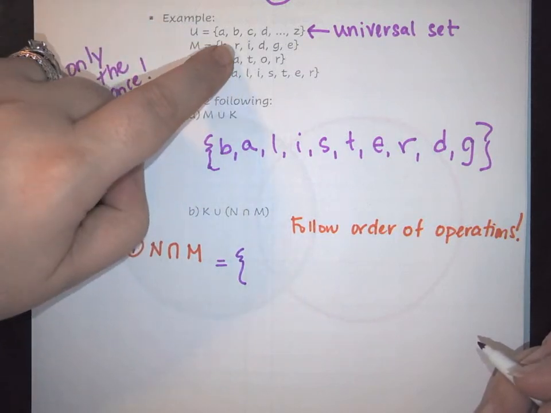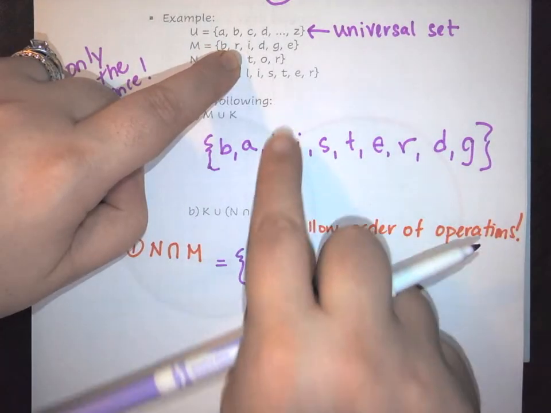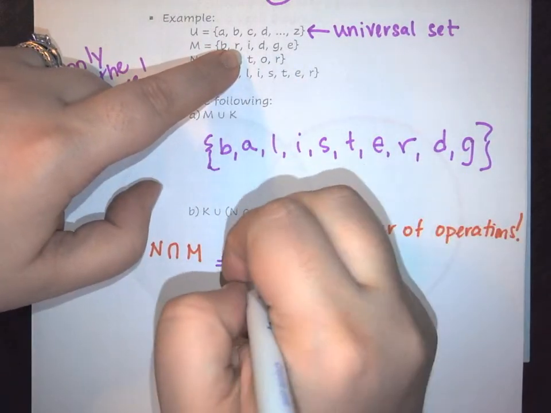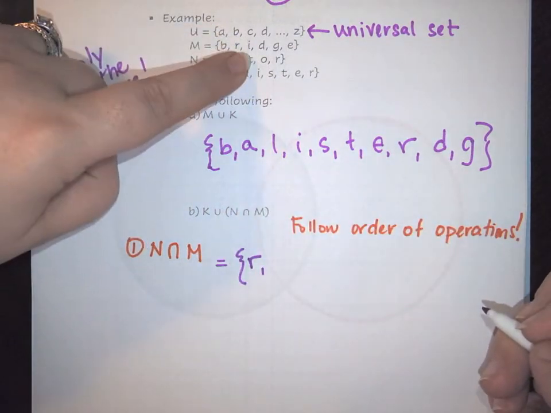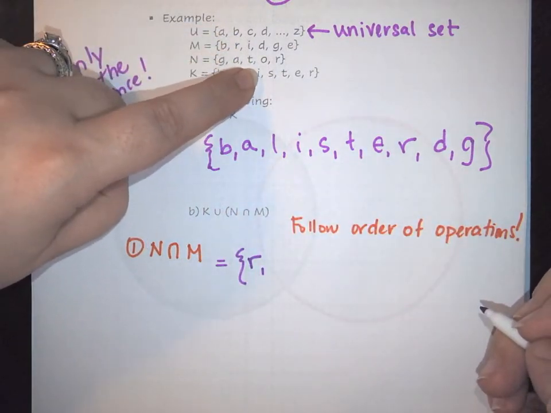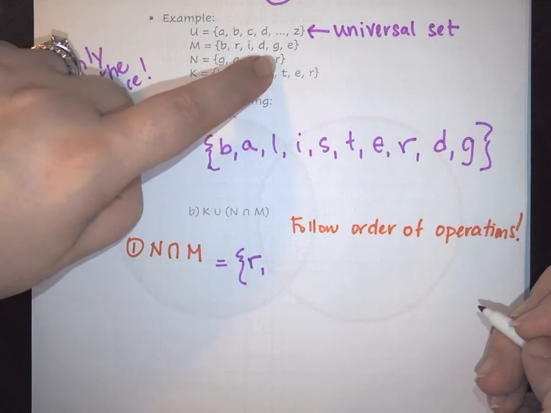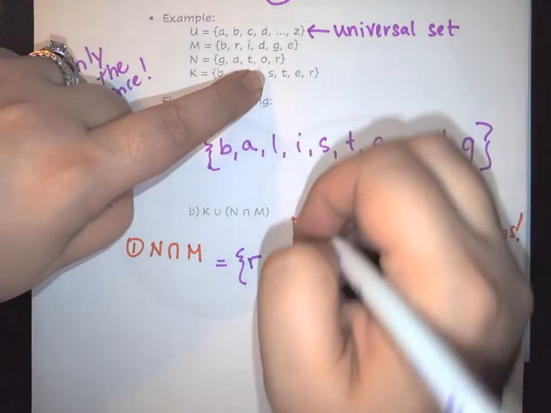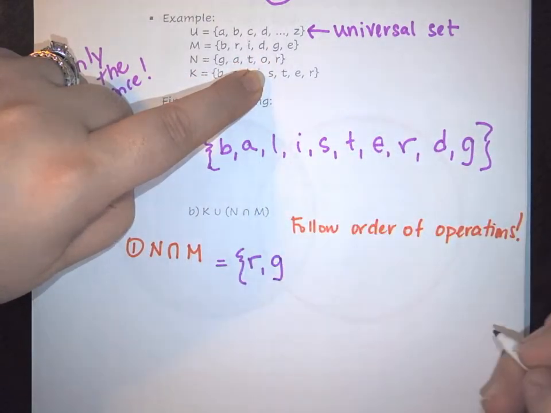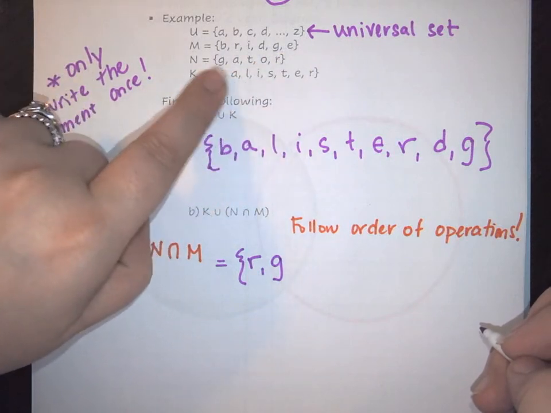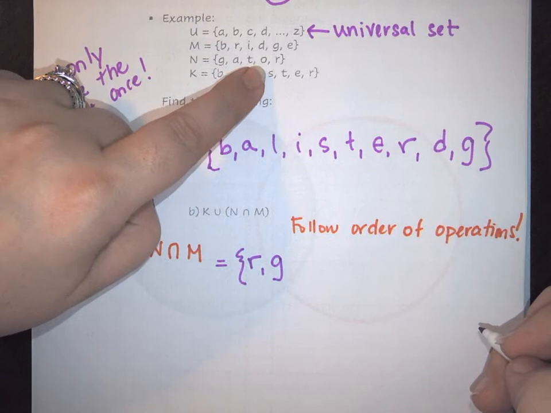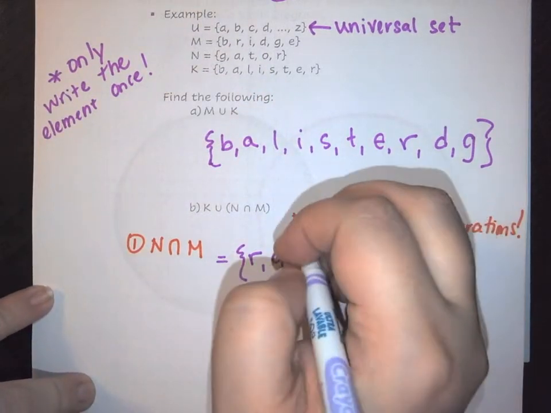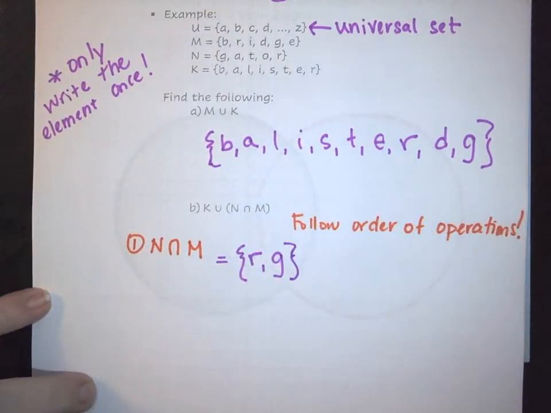I have an R in the top, the M, and I have an R in the bottom, so I'm going to include the R. I have an I in the top but not the bottom. I've got a D but not in the bottom. I have a G in both top and bottom, so G. And then I have an E. Now on the bottom, the ones that I didn't state were A and O, but they don't appear. So here my intersection is just those two letters.